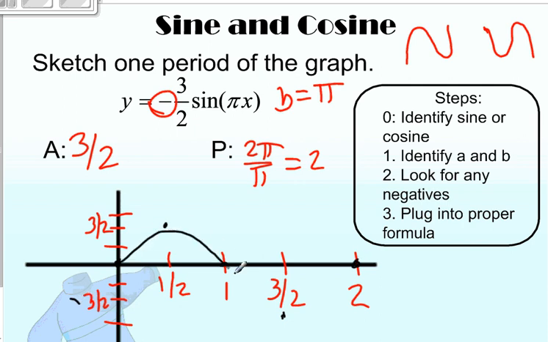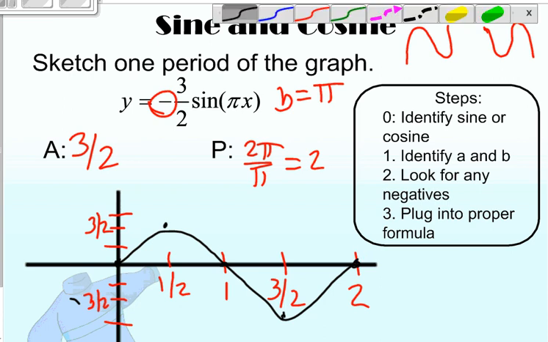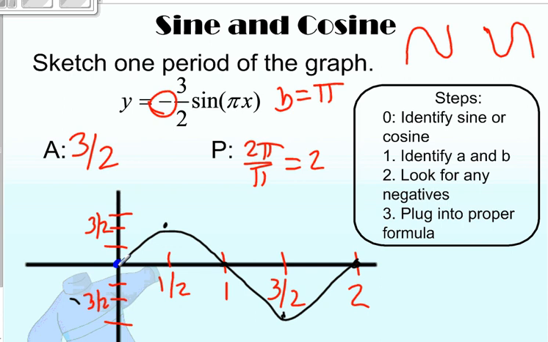Okay, so the original would look like this. Okay, now I'm going to draw the new one, and we're still going to start there at 0, but instead of going up, we're going to go down and then back up. Okay, so the flipped one is there in blue.